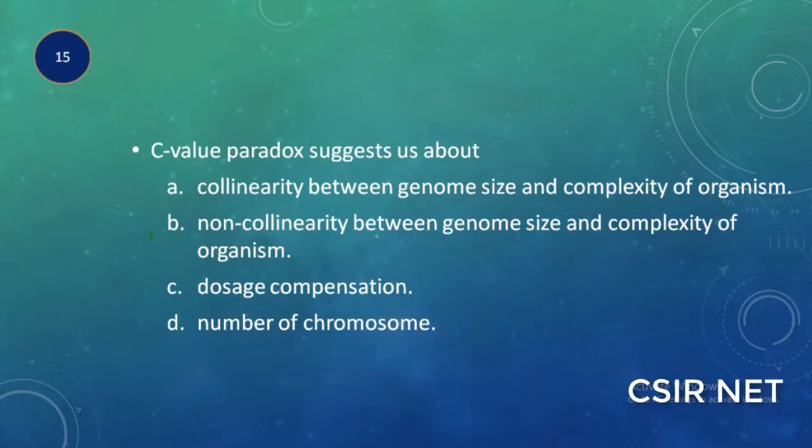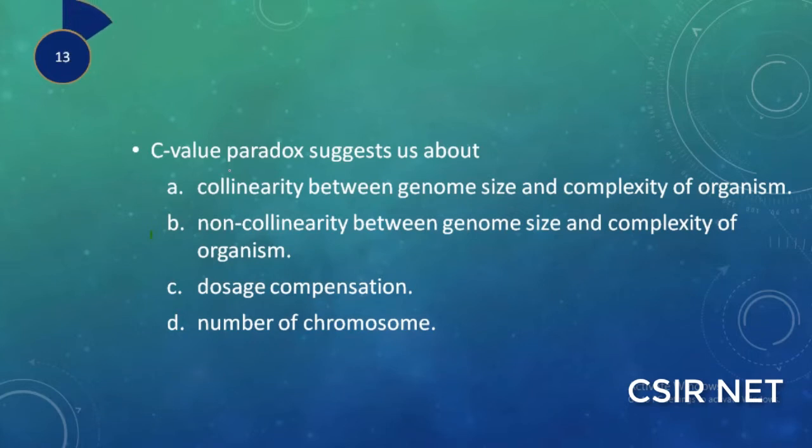C-value paradox suggests what? You have four options. A. Collinearity between genome size and complexity of organism. B. Non-collinearity between genome size and complexity of organism. C. Dosage compensation. D. Number of chromosomes. Your time starts now.